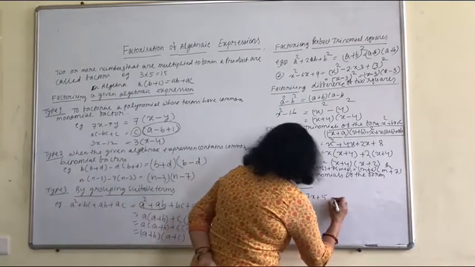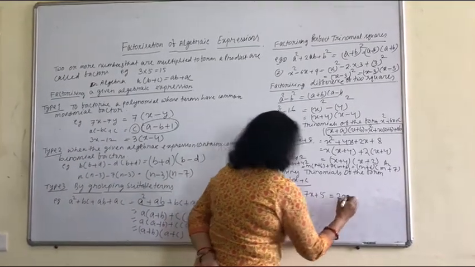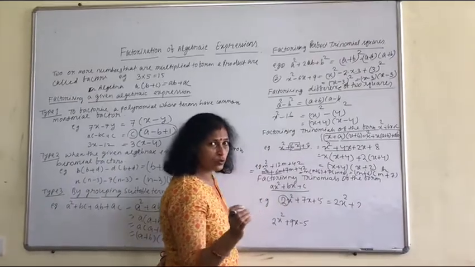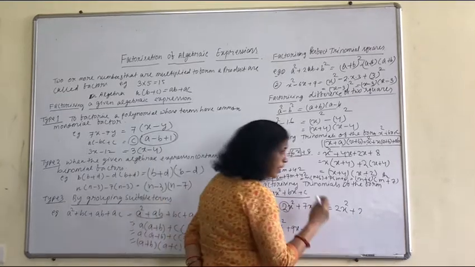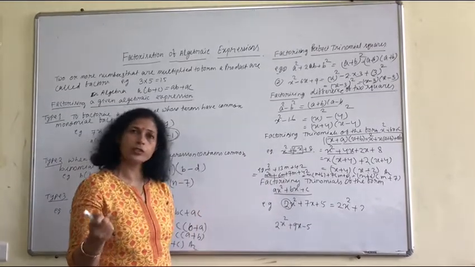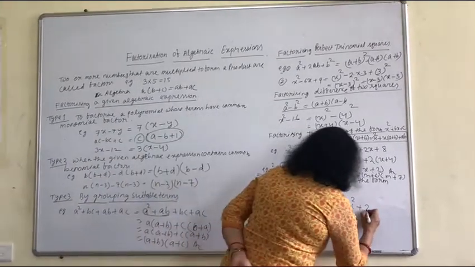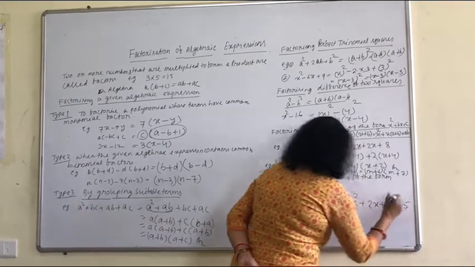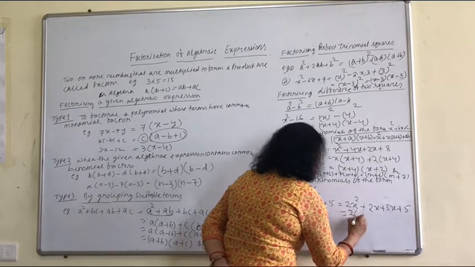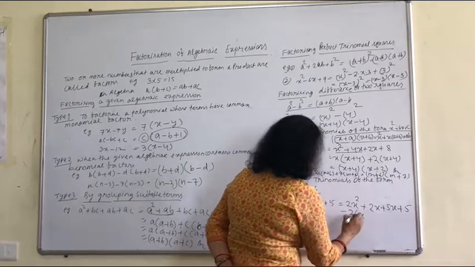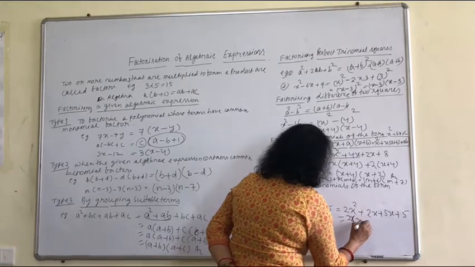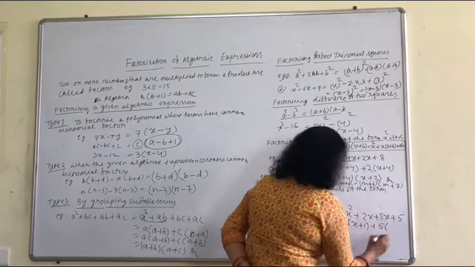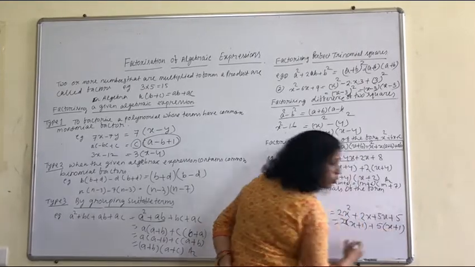So you have to break 7x into 2x plus 5x. 5 times 2 is 10 and 5 plus 2 is 7. So 2x square plus 2x plus 5x plus 5. You take common 2x from the first two terms, then you get x plus 1, and from the last two you take 5 common, you get x plus 1.